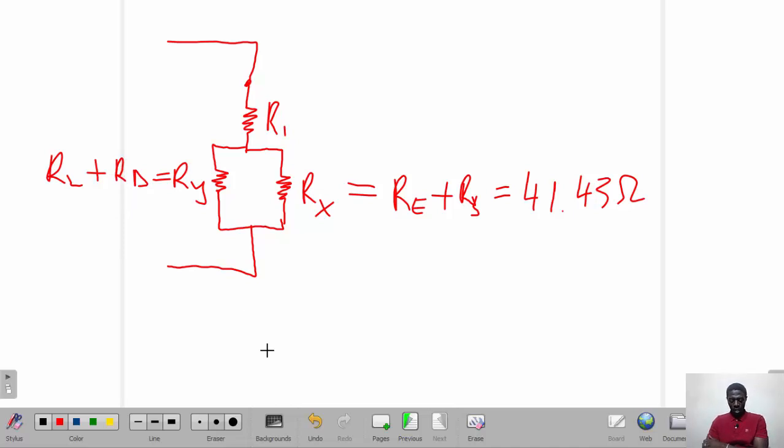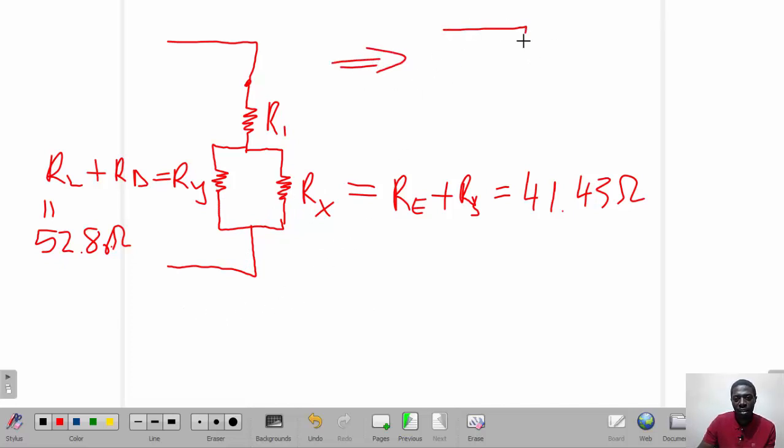R2, we obtained 12.86, and RD is maintained at 40. So what we have on this side is 52.86 ohms.